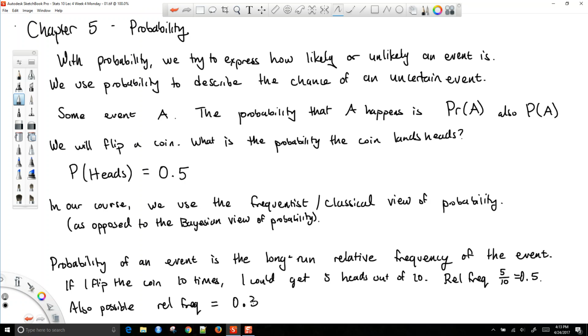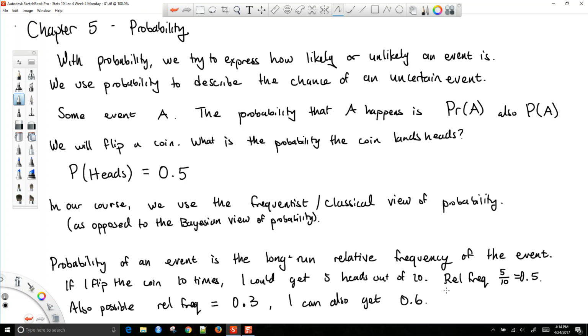That's if I get 3 heads out of 10. Or I could also get 0.6, 6 heads out of 10. Those are all within the realm of possibility. I mean, it's even possible for me to get 10 heads out of 10 flips, although that's pretty unlikely. But these other outcomes, 5 out of 10, 6 out of 10, 3 out of 10, those seem reasonably likely.